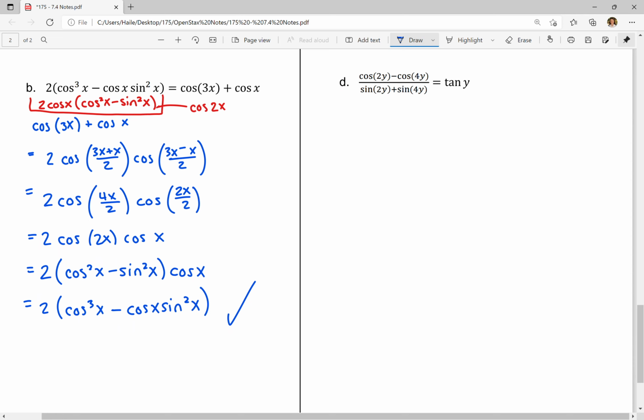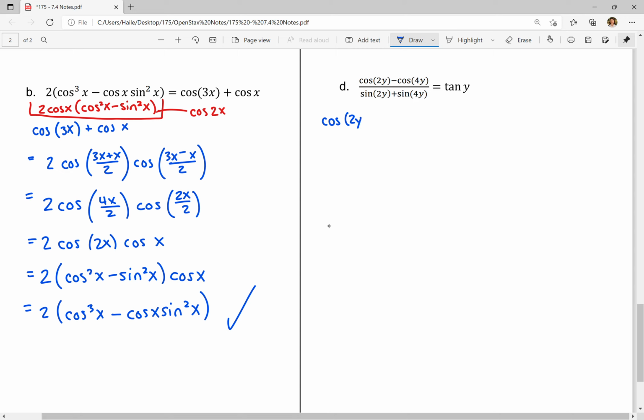So here, I'm going to start with the left side, because in this case, the complicated side will be the much easier side to start with. So I'm going to start by rewriting that fraction. So I have cosine of 2y minus cosine of 4y over sine of 2y plus sine of 4y.